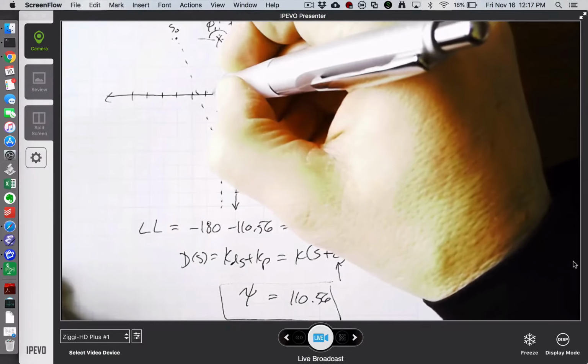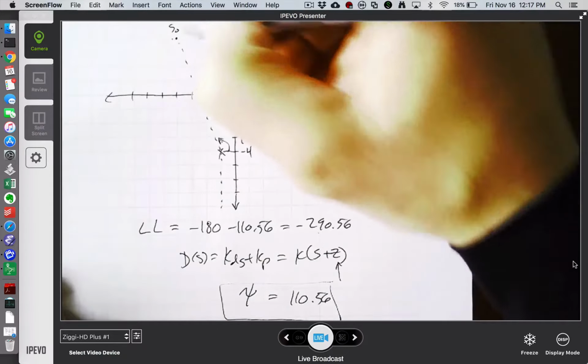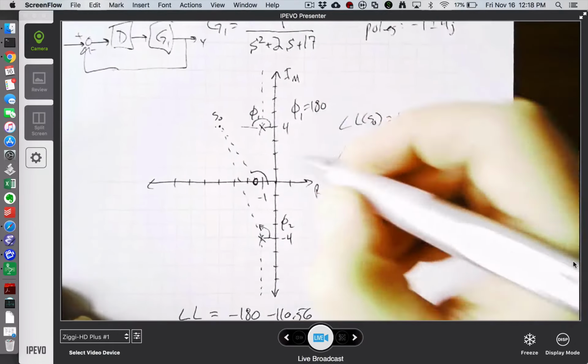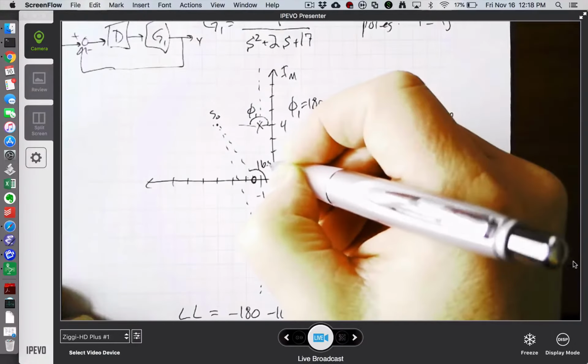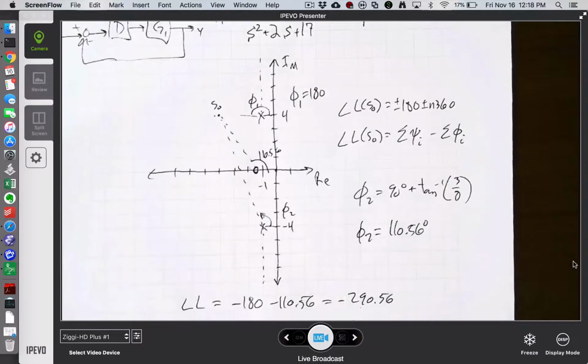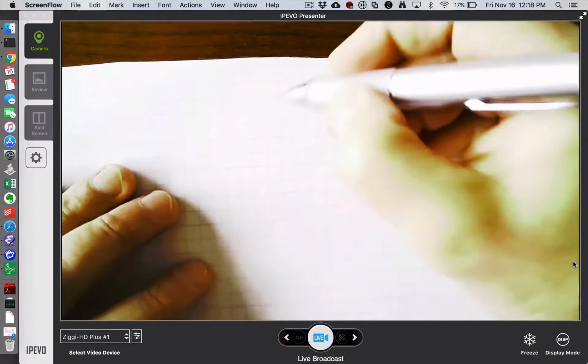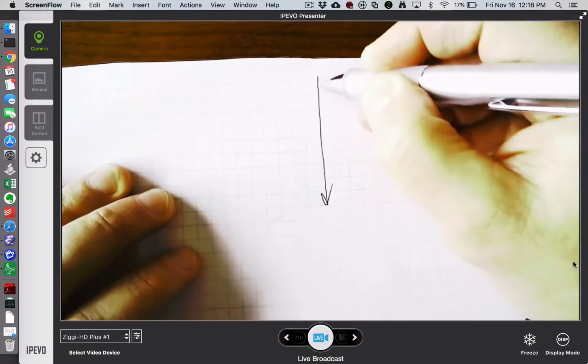So somewhere in here, we would have our zero from our PD controller, and this angle needs to be 110.56. Let's redraw that on another axis to try to clean it up and keep it from getting confusing, or more confusing than it already is, perhaps.